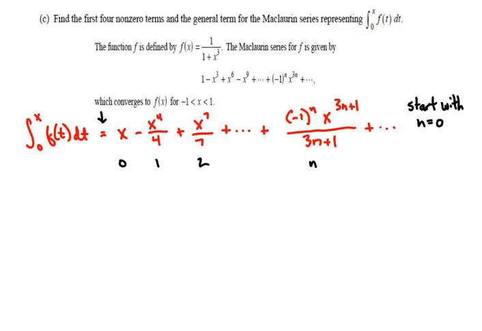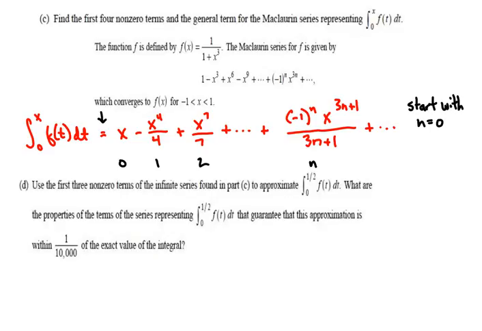So once again, how did we find that and how did we know where to start from? I would suggest that you use the general term that you're given and find the derivative or the integral as is necessary, and then start back and look at what we need to start n with in order to get the first term correct. And so that is our answer for part C.